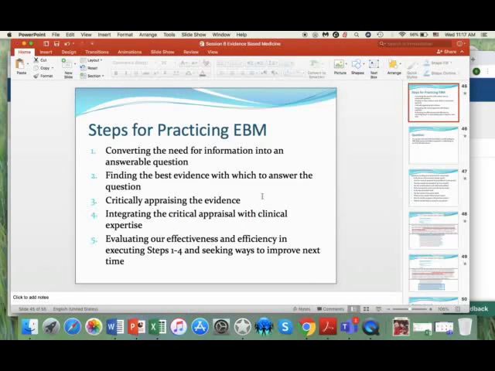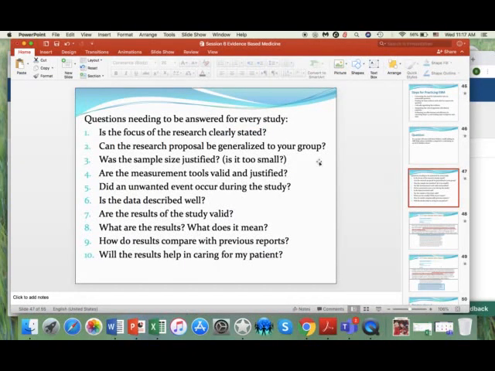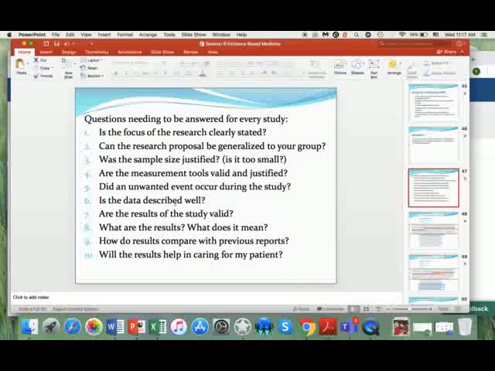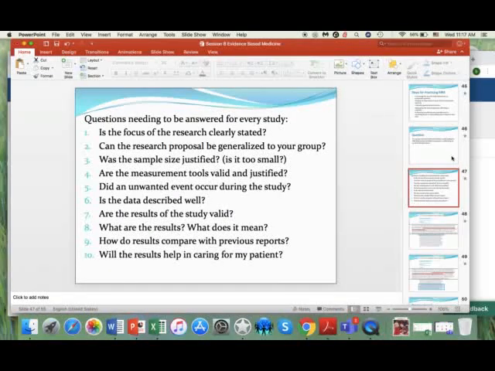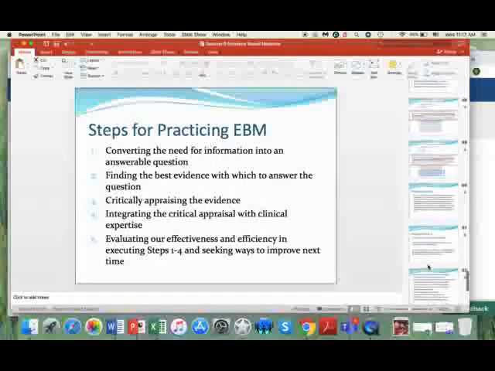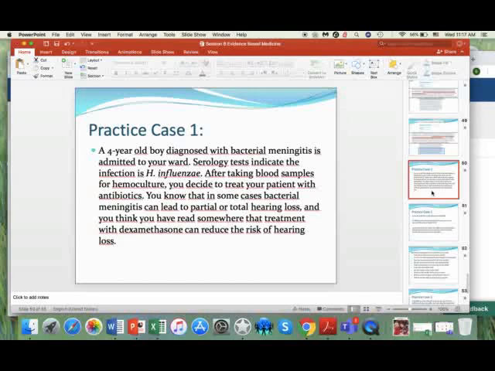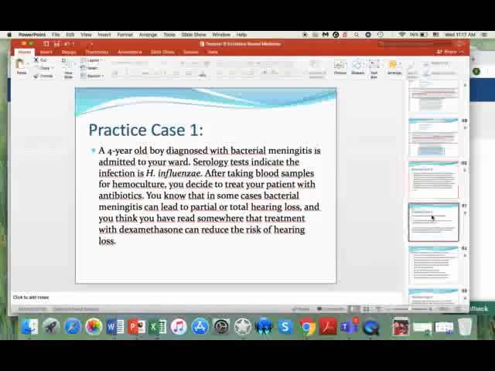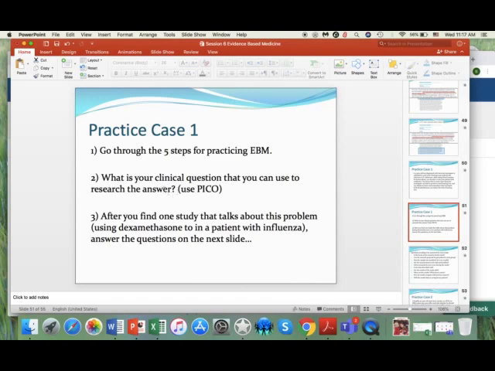And then I want you to appraise the evidence, mainly by using some of these questions, and just do your best. And then after that, say, okay, what do you think you should do with this patient? So go through the 5 steps.